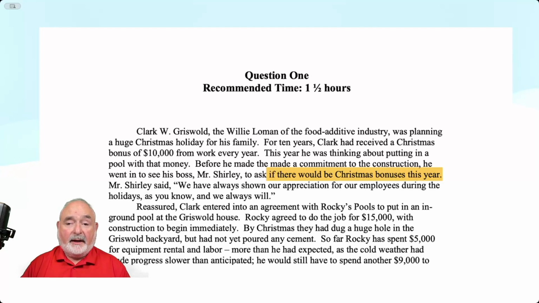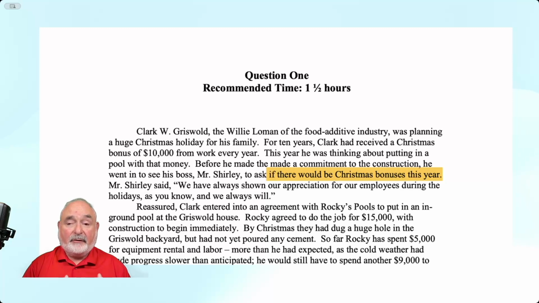Now remember, it doesn't say owner here, it says see his boss. His boss may not have the capacity to contract for the company. When a professor uses a word like boss, you need to be careful, because if you assume that the boss has that authority to make a contract, even though there is no contract here, you're going to be in trouble.